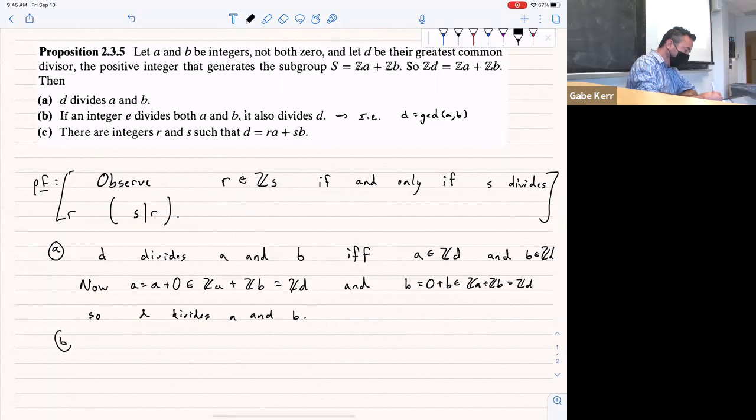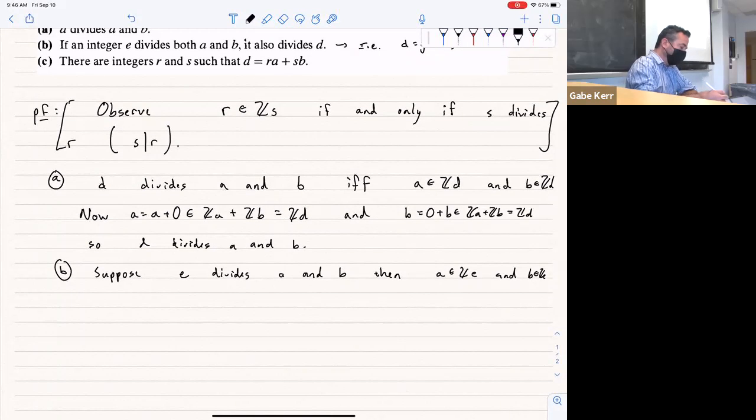So for B, let's suppose that an integer E divides A and B. Well, then A is an element of ZE and B is an element of ZE.